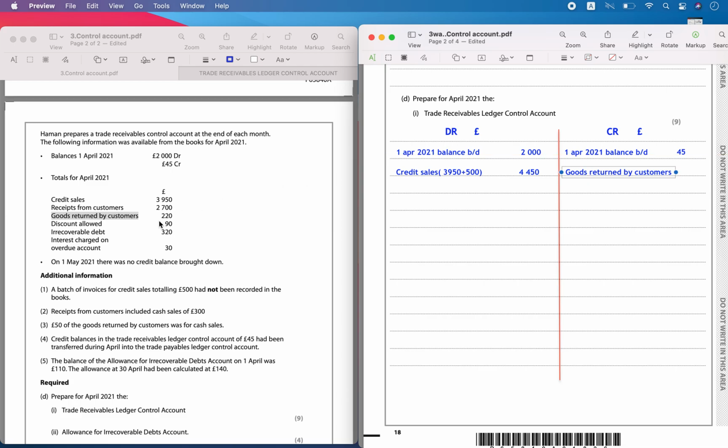So sales return from the customers was around 220, and it included cash sales. 50 of the goods returned was for cash sales, so 220 minus 50. So let's write here, customers, it is 220 minus 50, so that is equal to 170.